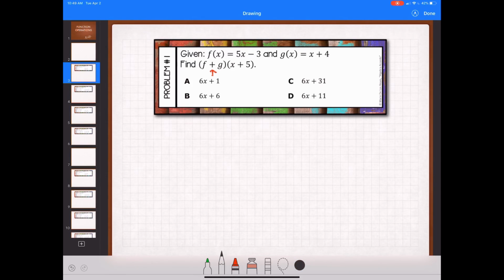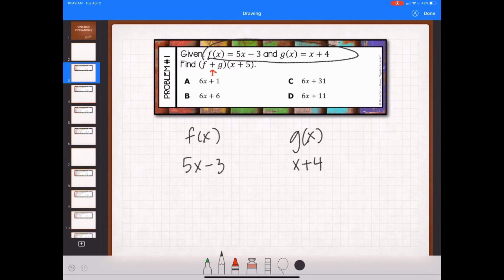So the f of x function is 5x minus 3. The g of x function is x plus 4. And I'm getting that from right here, what's given. Okay, our problem tells us we need to add it. So we're going to add these two expressions together.